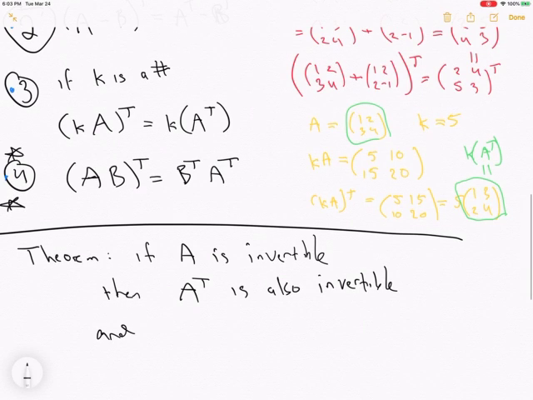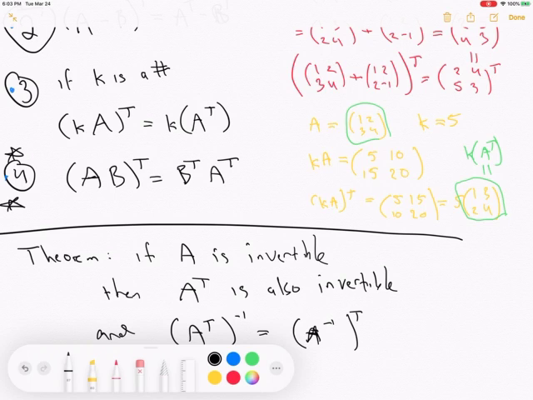And let's just tell you what that is. So it's invertible, so therefore I can find its inverse. So its inverse is just the same thing as taking the transpose of the inverse of A.